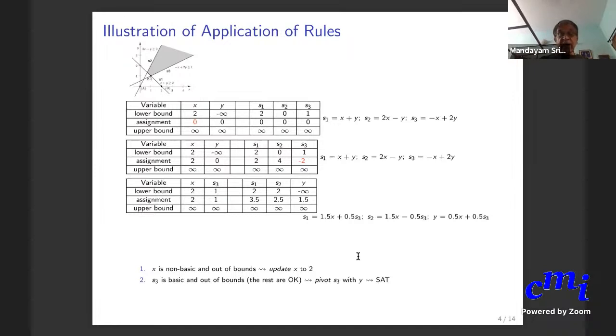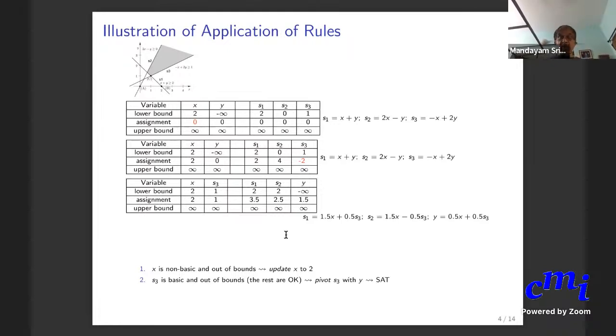In the moment you pivot S3 with y, because all the rest are satisfying, from 0, 0, 0 you get to this point. After pivoting, the equations change, and y gets set to 2.